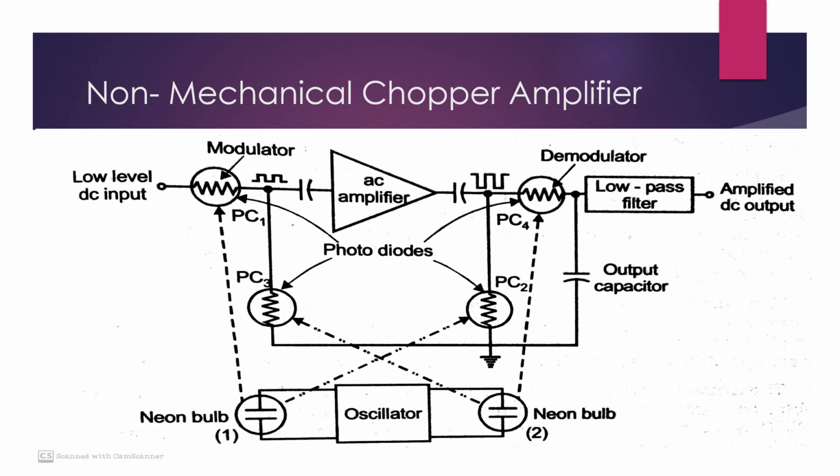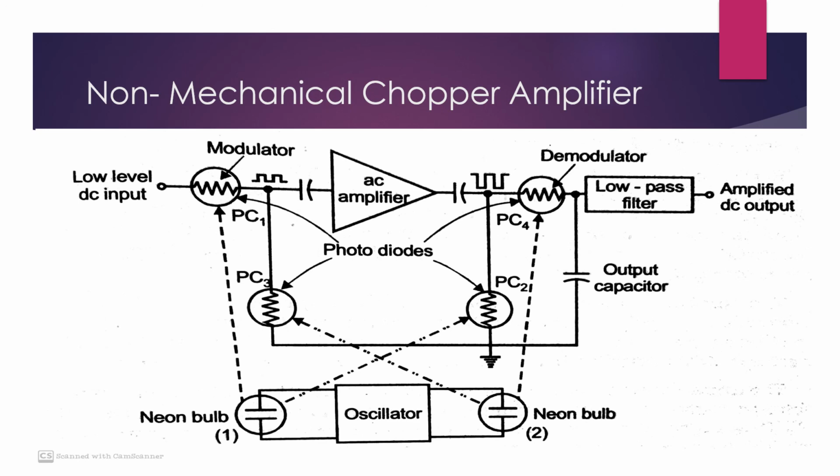The square wave voltage acts as an input for the AC amplifier and an amplified square wave voltage is obtained at the output of the amplifier. Thus, when the two photoconductors PC2 and PC4 are in the amplifier output circuit, it acquires the DC signal by the demodulating action as we have already discussed. The output capacitor becomes charged to the peak of the output voltage.